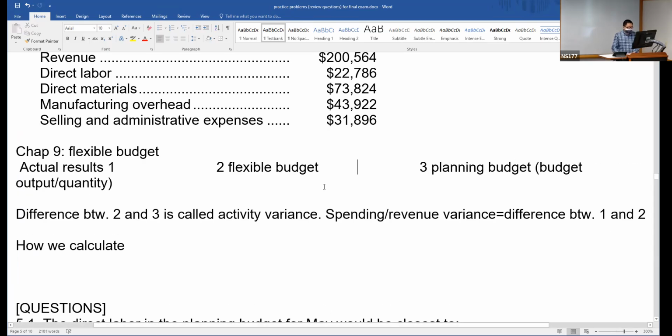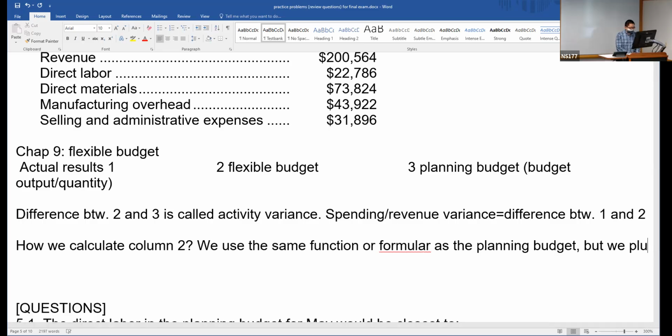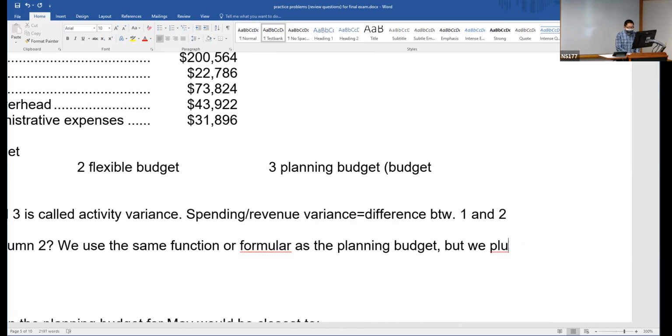We use the same function or formula as the planning budget, and now we plug in the actual quantity or actual output.